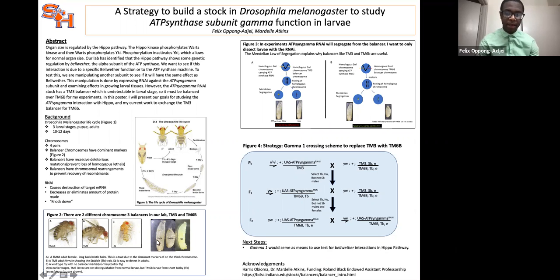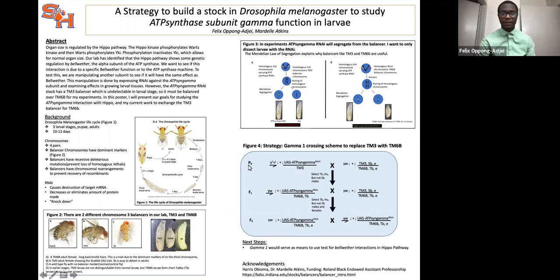So to combat this ambiguity, we rebalance ATP synthase gamma RNAi over the TM6B chromosomal balancer, because TM6B has a distinct shape and size in the larva, enough for us to tell it apart from a normal wild-type larva. So we drastically decrease our chance of making mistakes in dissecting the wrong larva.